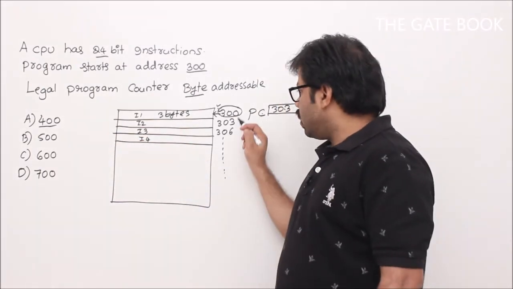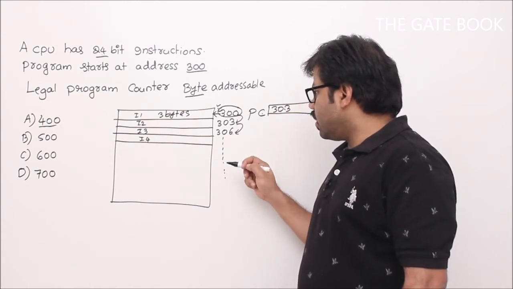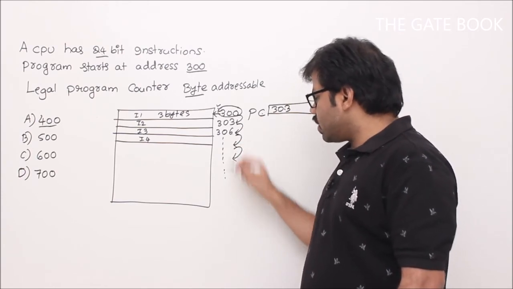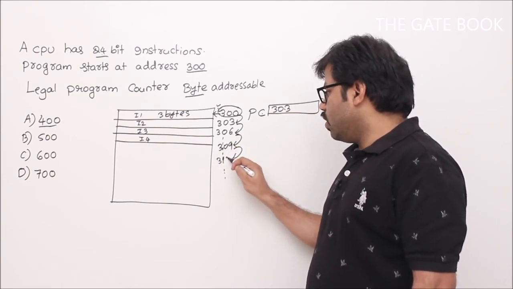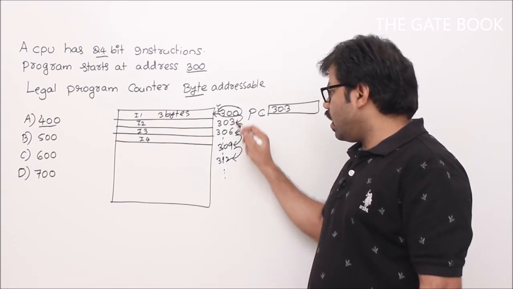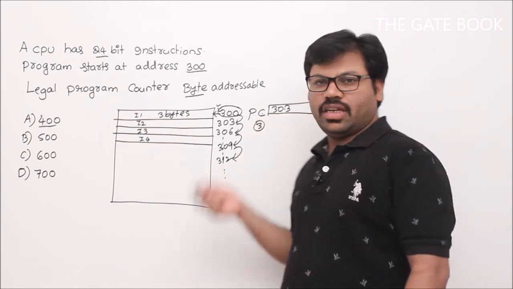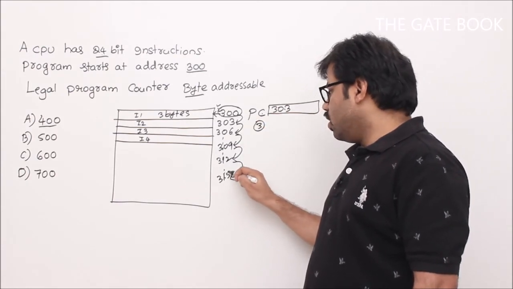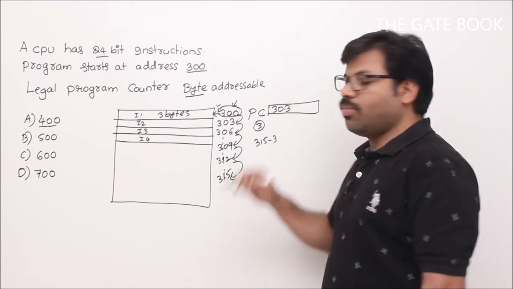300, 303, 306: they are moving by 3 units, correct? To get the next number we have to add 3, giving 309, 312. One obvious thing in mathematics is that the difference between 300 and any of these numbers is divisible by 3, because every time you are incrementing by 3, correct? So any new address, compared with the starting address 300, has a difference that is definitely divisible by 3.